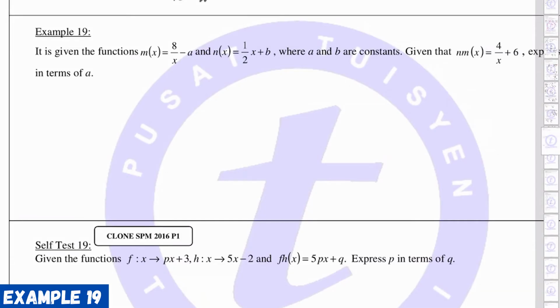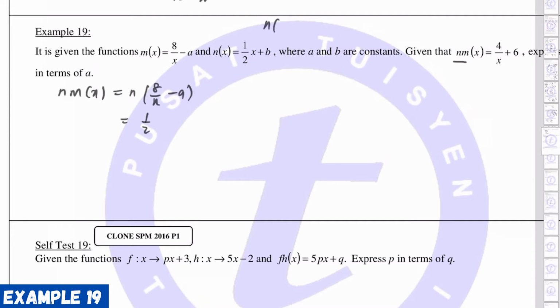Example 19. So here we are finding the expression of b in terms of a. So number 1, you can see that NM, Nigeria, Malaysia, is 4 over x plus 6. So we want to combine these two as well. NM(x) means we put Malaysia inside Nigeria.